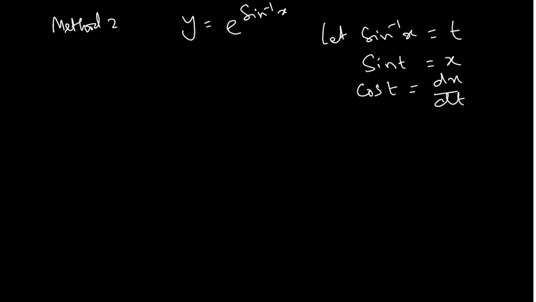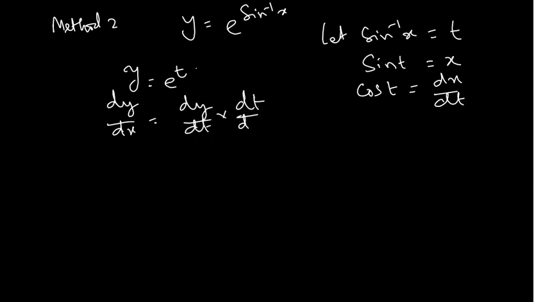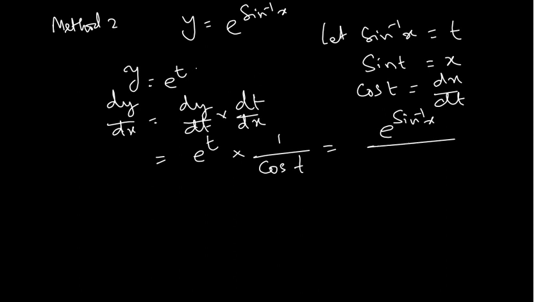Now substitute here, y is equal to e power t. You want dy by dx, it is dy by dt into dt by dx. dy by dt is e power t only, multiplied by dt by dx, which is 1 by cos t. So e power t, t is nothing but sine inverse x, divided by cos t, which is nothing but square root of 1 minus sine square t.